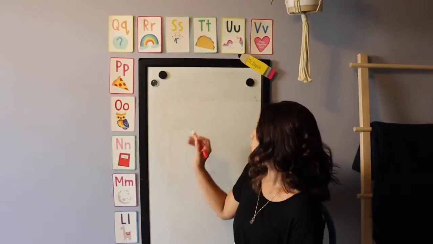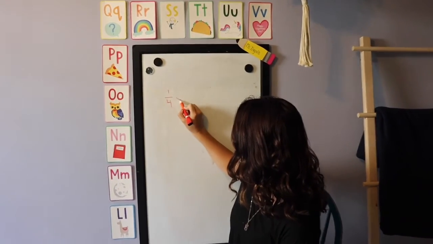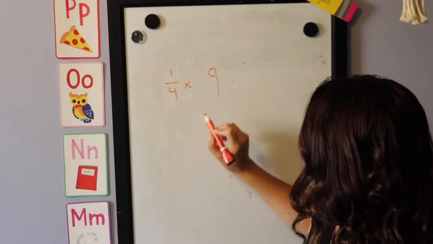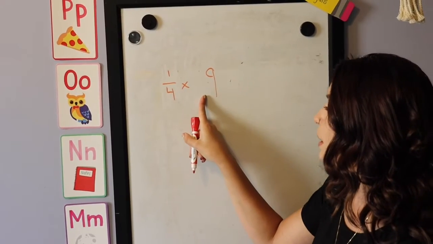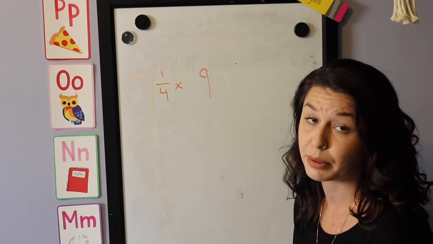Okay, so now we're going to do another one. We're going to do 1/4 times 9. So if the number you're multiplying it by is bigger than the denominator, you know you're going to get a mixed number, okay?